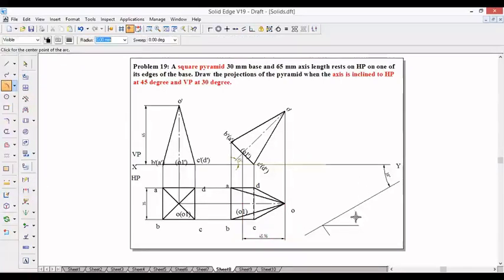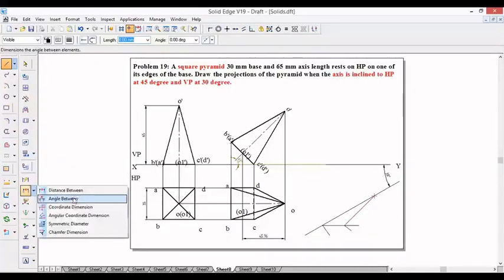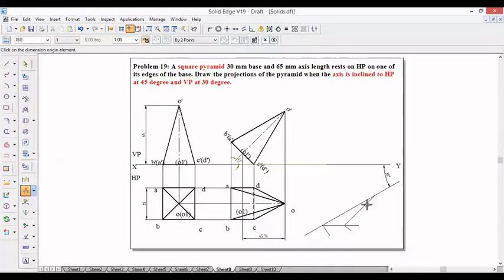45.96 is the value. So keeping the same center, take the apparent length of the axis as radius and cut another arc. Then join this to the same center and measure that apparent angle. That apparent angle is 45 degrees we are getting.